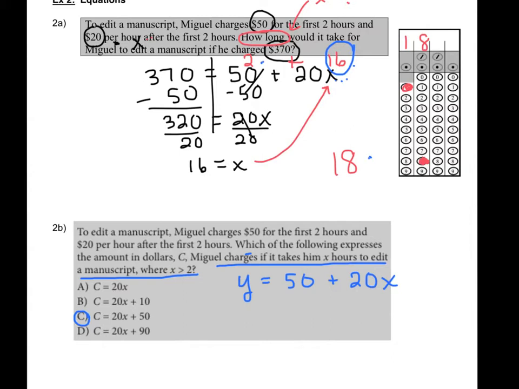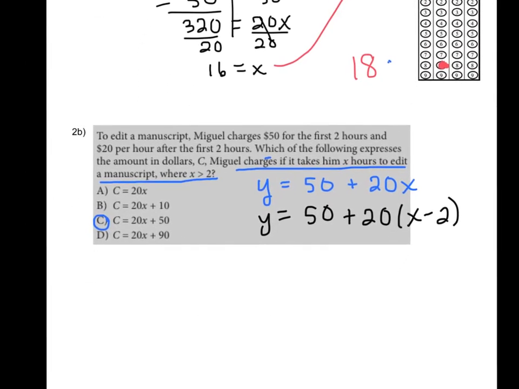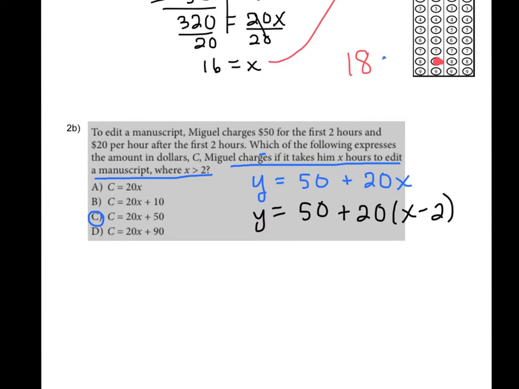So we're not going to have an x next to the 20. We're going to have 50 plus 20 times 2 less than that, x minus 2. But that doesn't really solve the problem either, because I don't see any answers that look like that. So we have to make our answer match what their answers look like.